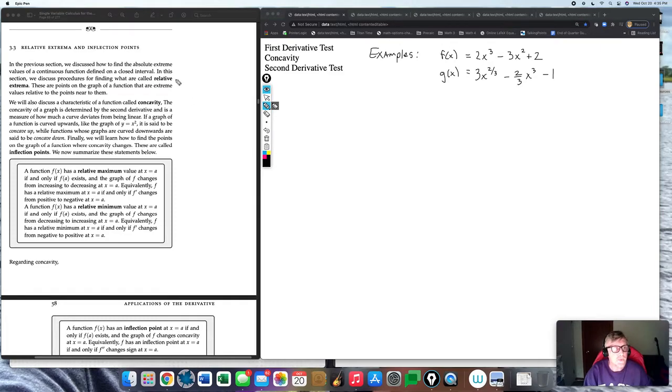So the first thing is relative extrema. In the previous video I talked about absolute extrema on a closed interval, and I talked about relative extrema, which are highest points relative to the small neighborhood around it, right? And lowest points relative to the small neighborhood around it.